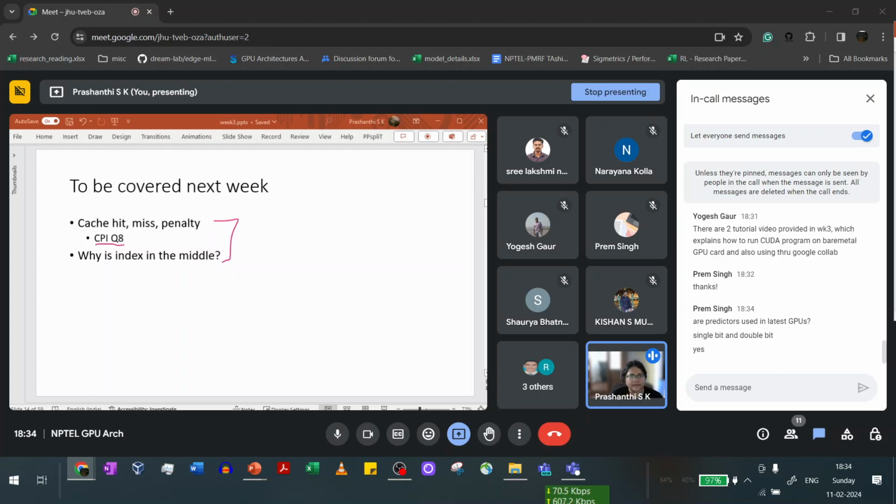As far as I know, branch predictors are not used in GPUs, but let me check and get back to you in detail about that. And why that is, again, is because of the architecture of GPUs. I think you will get to the branching part in maybe one or two weeks from now. But I'll again address this in the next session.